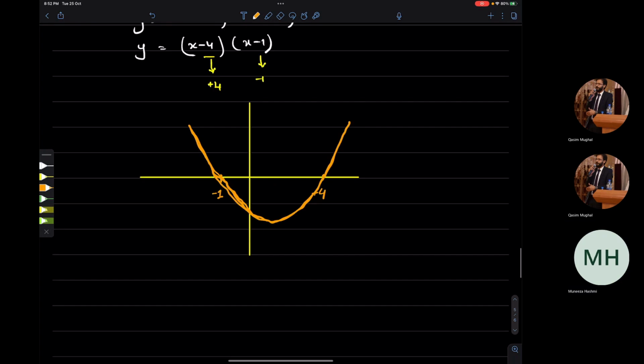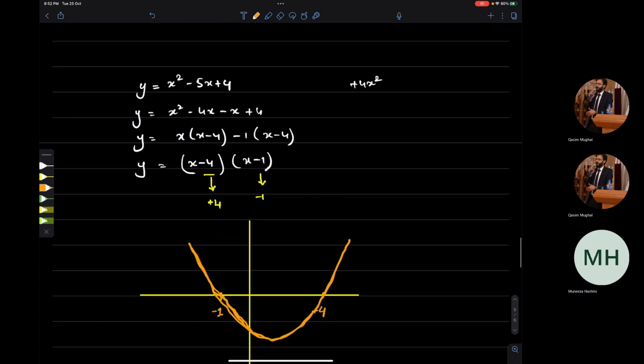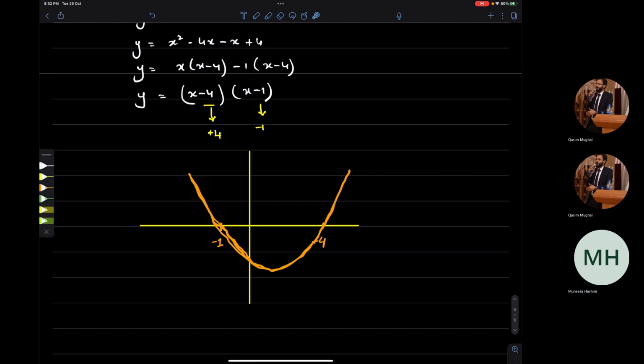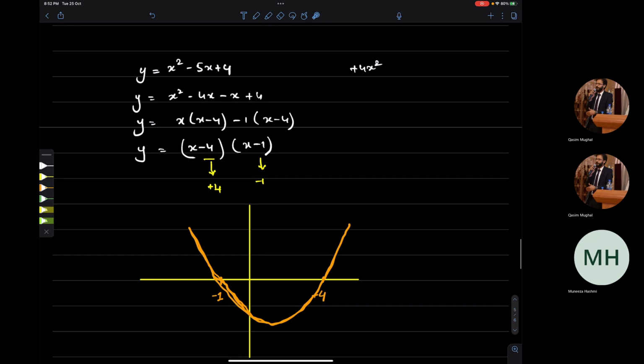Yes, sir. All right, now going back to the main equation, I've done something wrong. Wait a minute. Sir, it's +1, not -1. Where? After you factorize. Ah, yeah, yeah, yeah. Yes, both of them are positive.